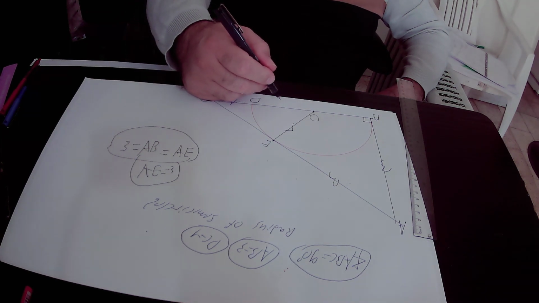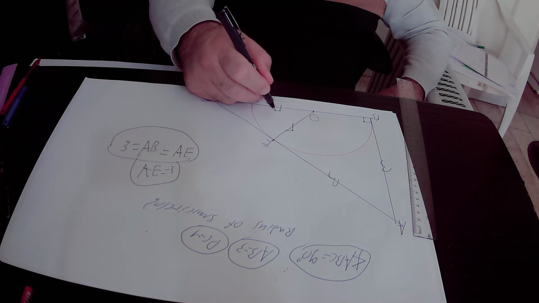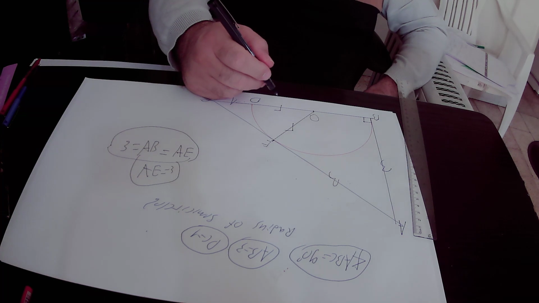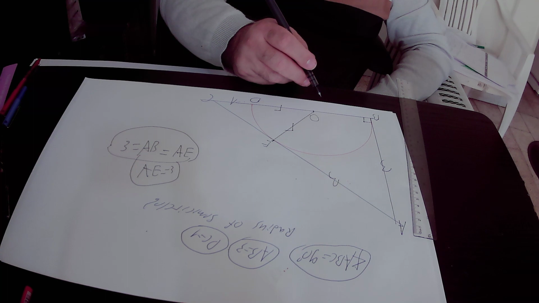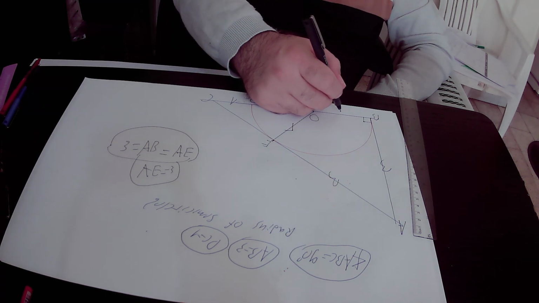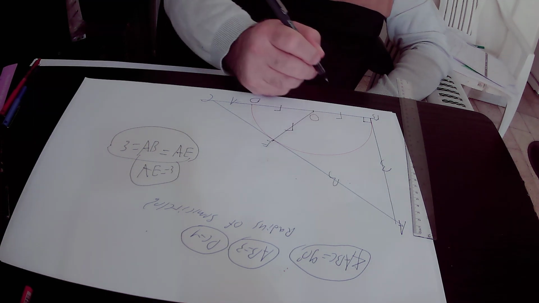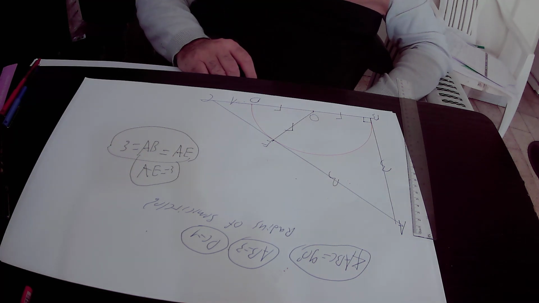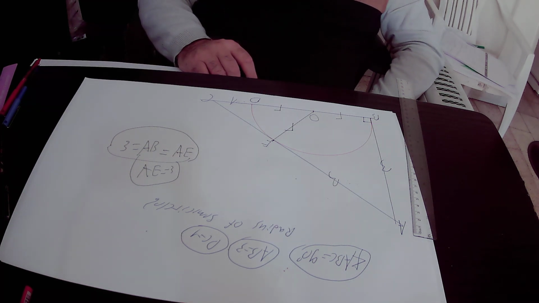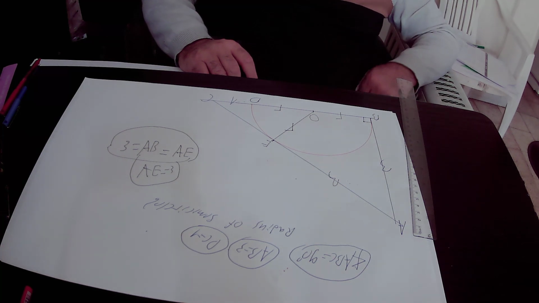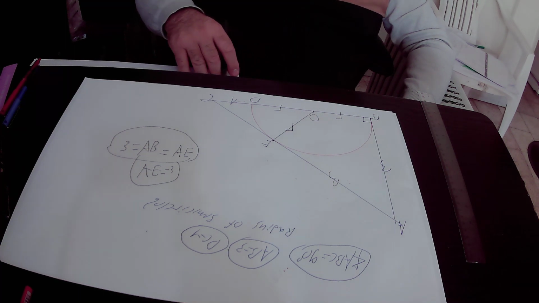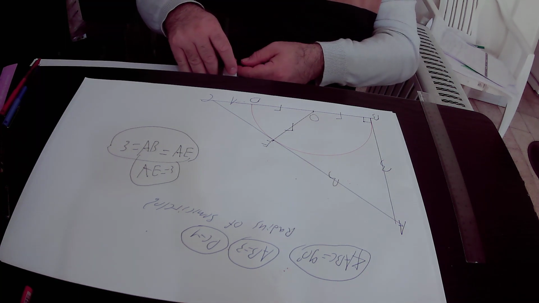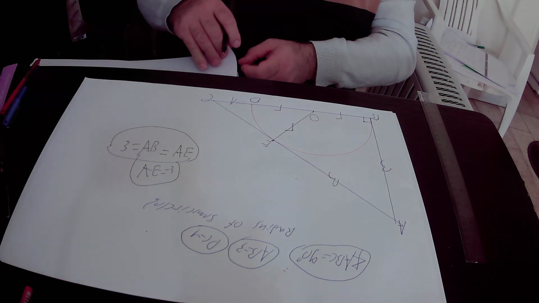Therefore, OD equals R. And for the same reason, line segment BO is also the radius of this semicircle, so it equals R. So in the next step, I will present to you a new rule, rule number 2, and we will implement it in our drawing.